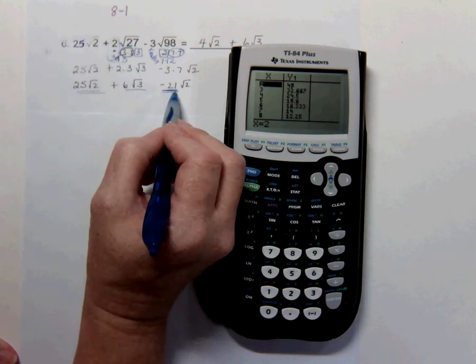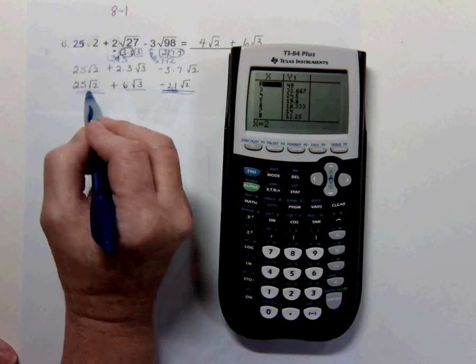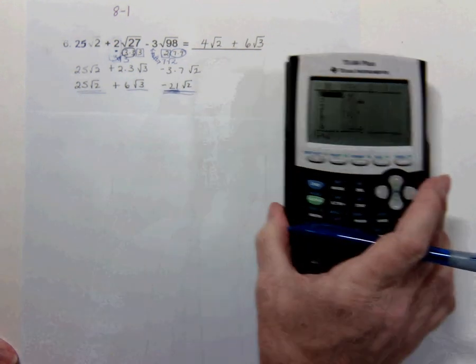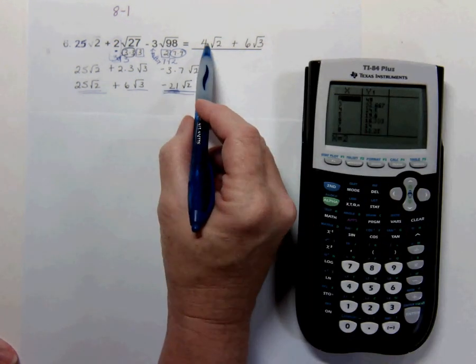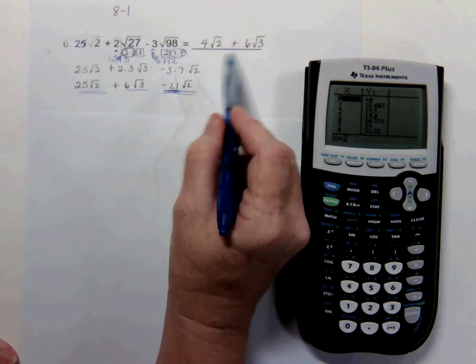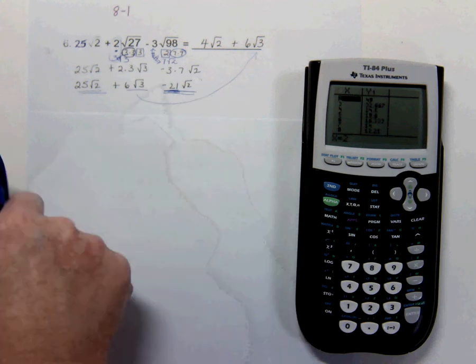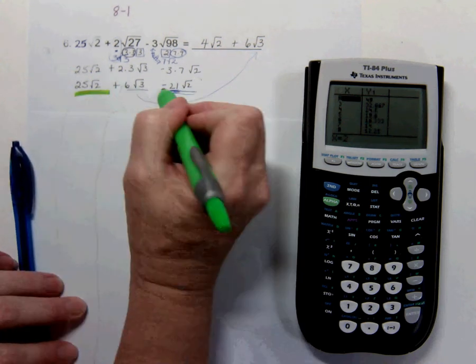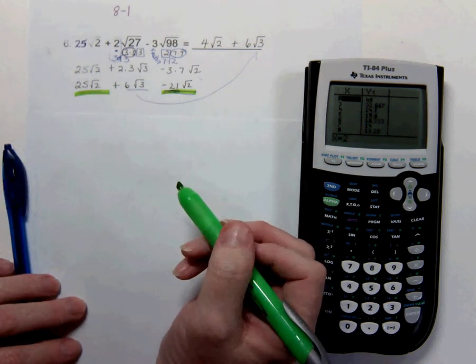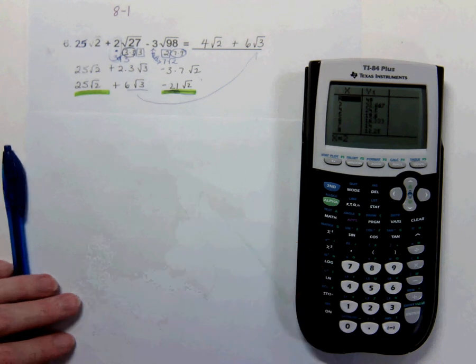And then this one combines with this one to become 4 square roots of 2, whereas 6 square roots of 3 just stays in your answer. These two were able to combine. 25 minus 21 is 4. This doesn't seem real focused, if that helps.